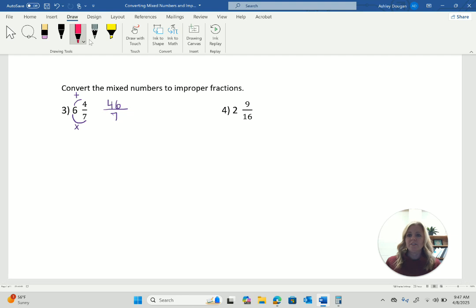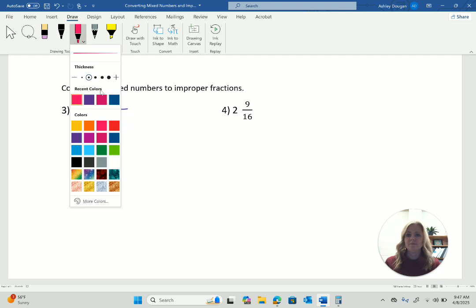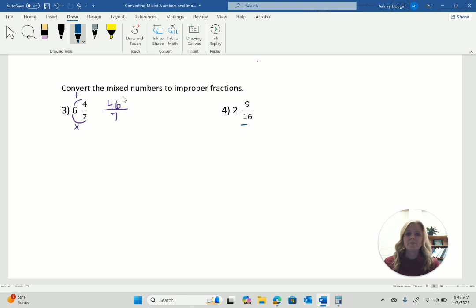But let's look at this last one. We're going to multiply 16 times 2. So we multiply, and then we're going to add 9. And we're going to get 41.